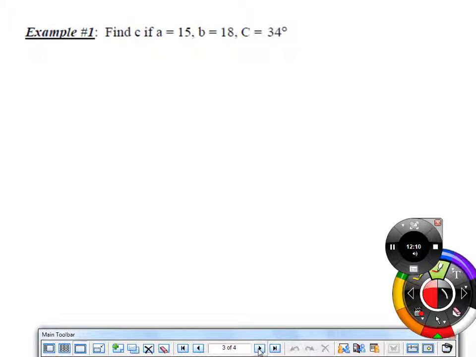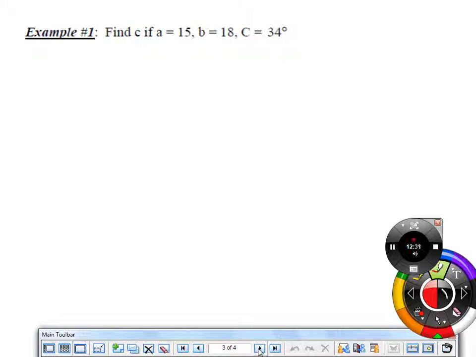So when you look at this, what pattern of information do we have? Are we in the angle side-side situation? Here's how you would check it. Do you have an angle? Yes. Do you have the side across from that angle? No. Which means you have the two sides that are right next to it.